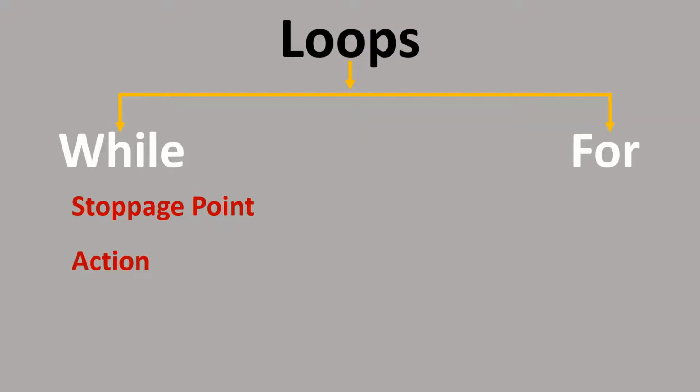Now in a for loop, in general, you do not provide the stoppage point. What you provide is a simple action, and Python takes the stoppage point based on the supplied input data. So this was the difference between while loop and for loop.